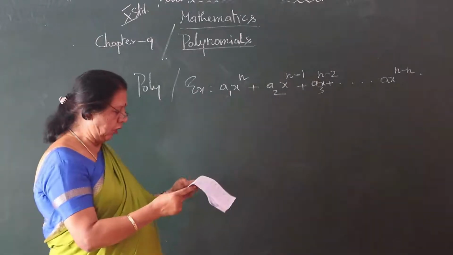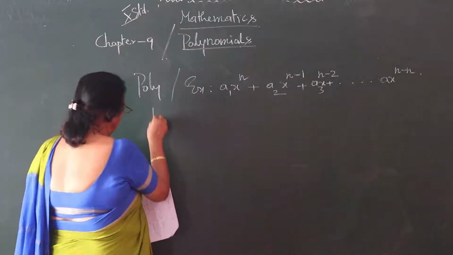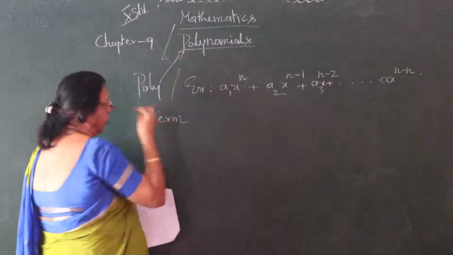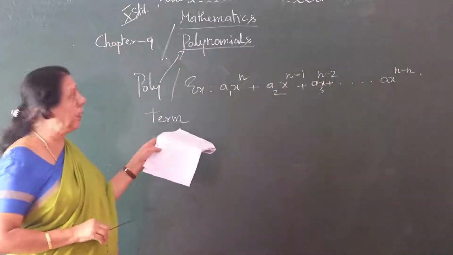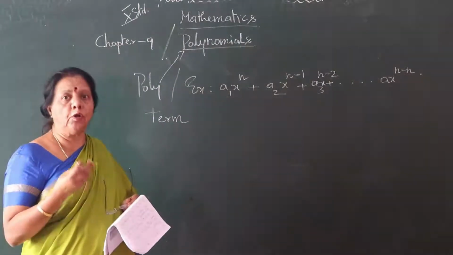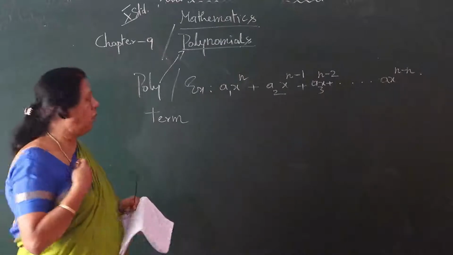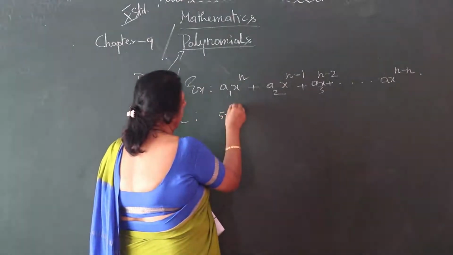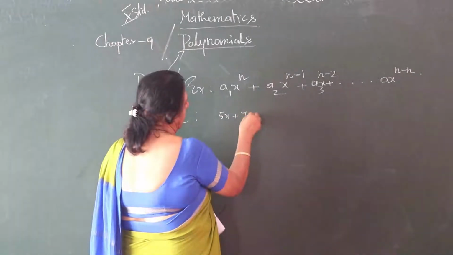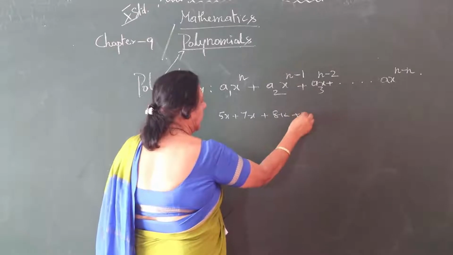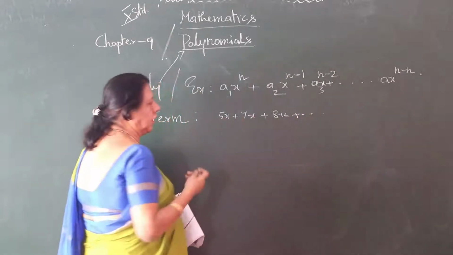Next, you go to term. How do you interpret a term? Now polynomial you have followed, and the example of polynomial also. What do you mean by term? See, now I will write an example: 5x to the power of 3 plus 7x plus 8, etc. How many terms are there, children?